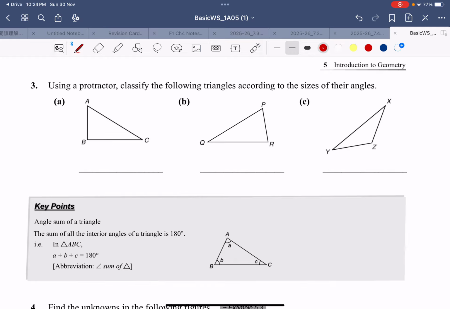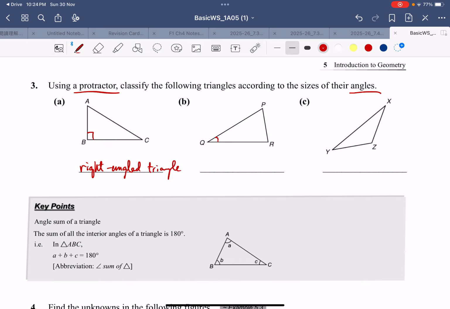Okay, use a protractor to classify the following triangles according to the size of the angles. You have a right angle here, so this is called a right angle triangle.